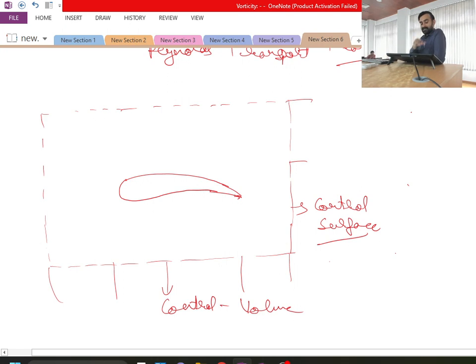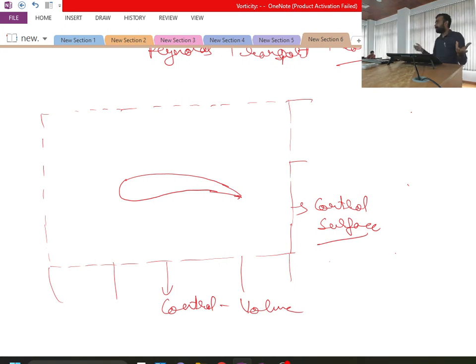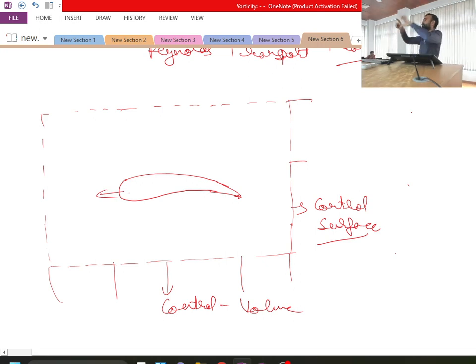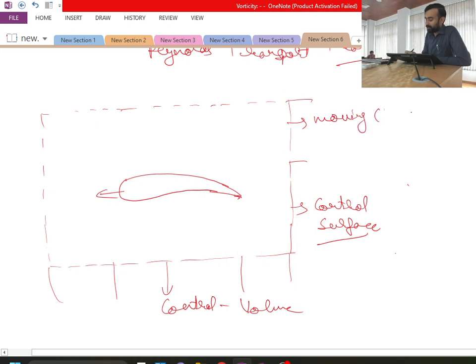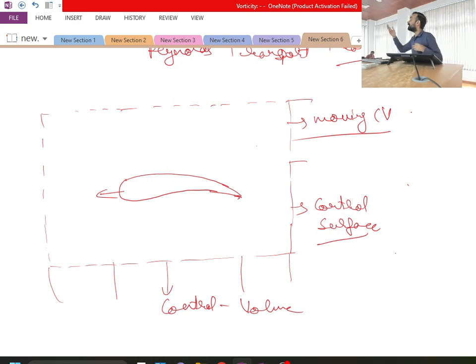Because my interest is the aeroplane, and the aeroplane is always moving, I have to move my control volume along with the aeroplane. So this has become the case of a moving control volume. Point is clear? Because I am interested only in analyzing the region just close to the aeroplane.